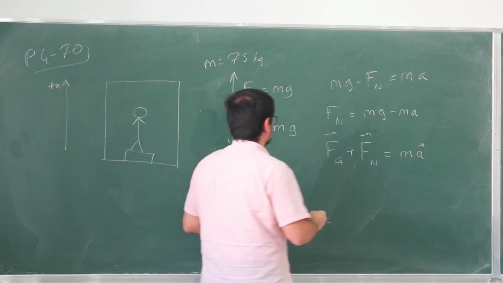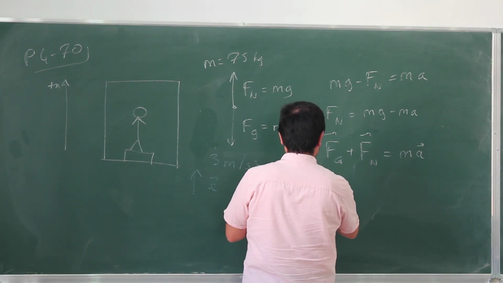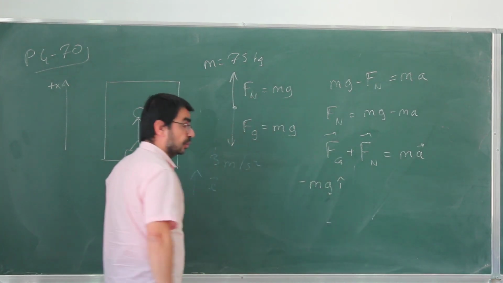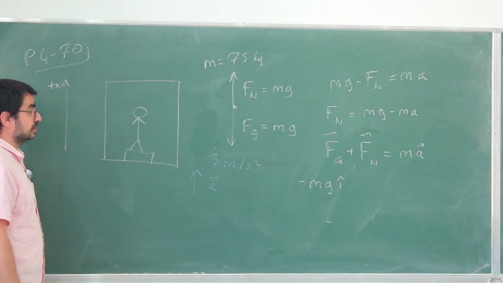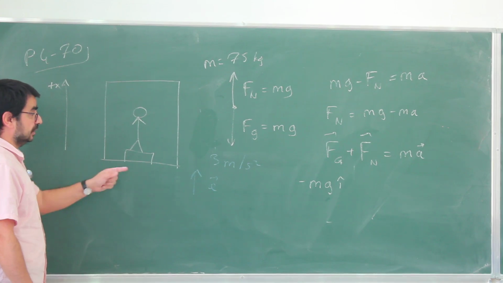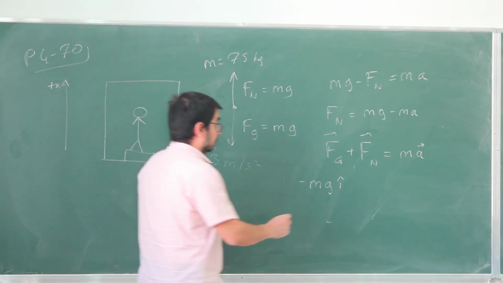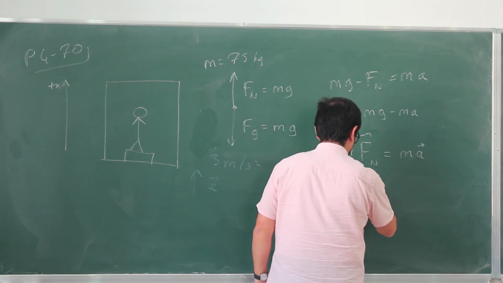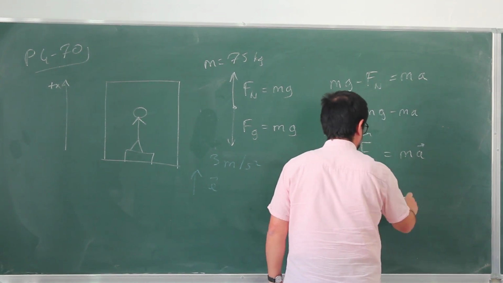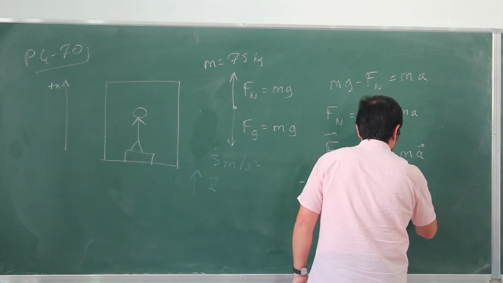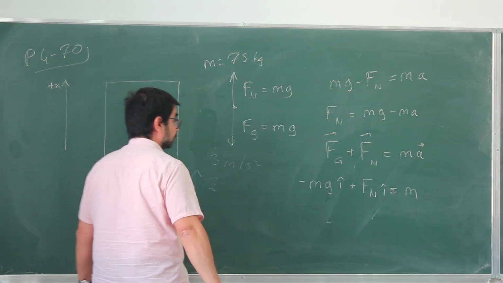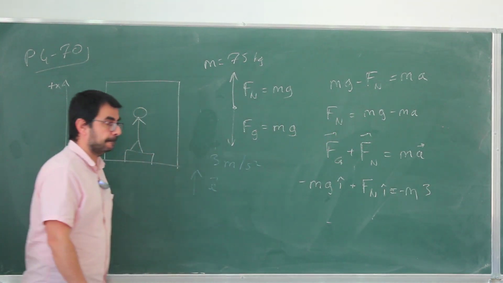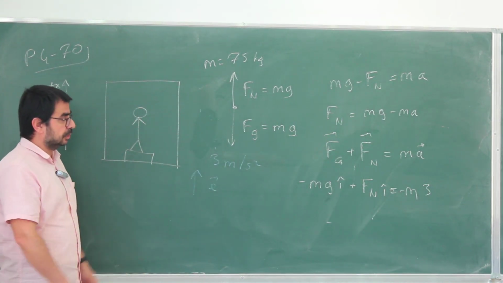Now, if I write the components, this is just going to be m times g with a negative sign. My g is always 9.8. This is going to be mass 75 times 9.8 with a negative sign because it's down, plus Fn is equal to your mass times the acceleration, 3. If you want to do it formally, you will do it this way.